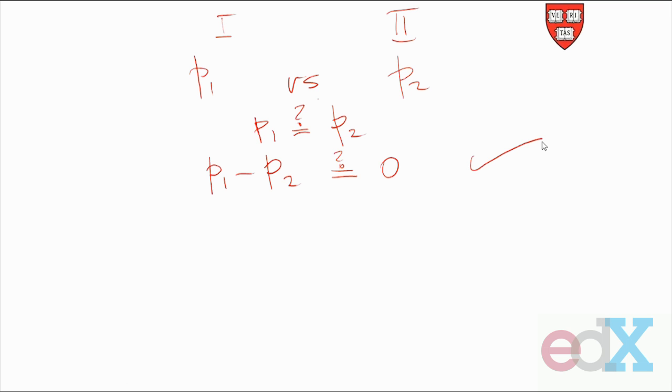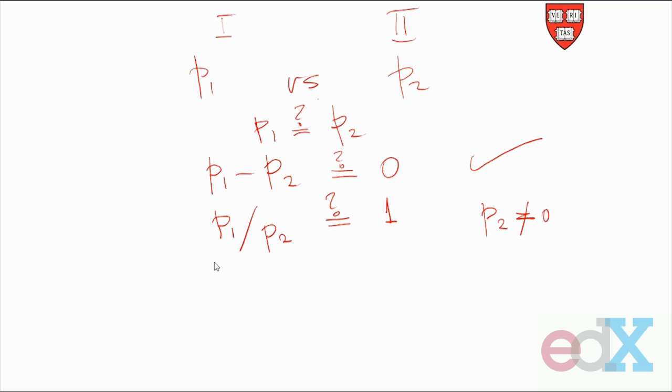Another way of determining this is to look at the ratio. Look at the ratio P1 over P2 and ask, is that equal to 1? And this is very interesting. You just have to be careful when P2 is equal to 0. You don't want to be dividing by 0. Okay, but this is one way of doing it. Another way of looking at the ratio is our old friend's odds.